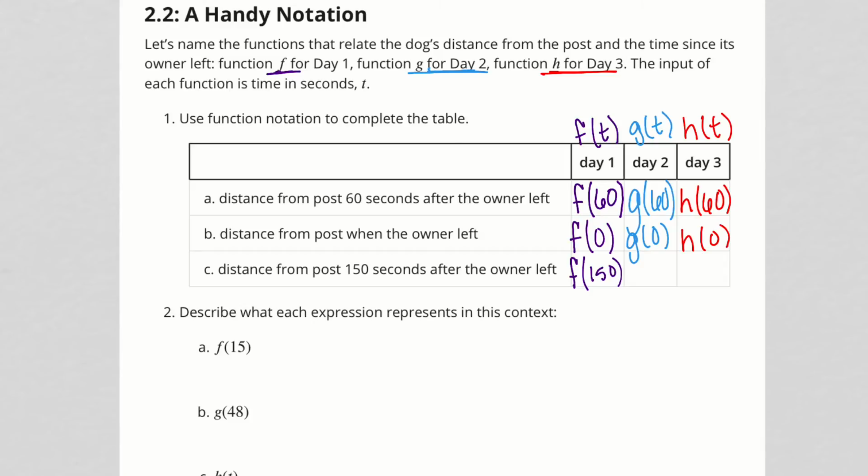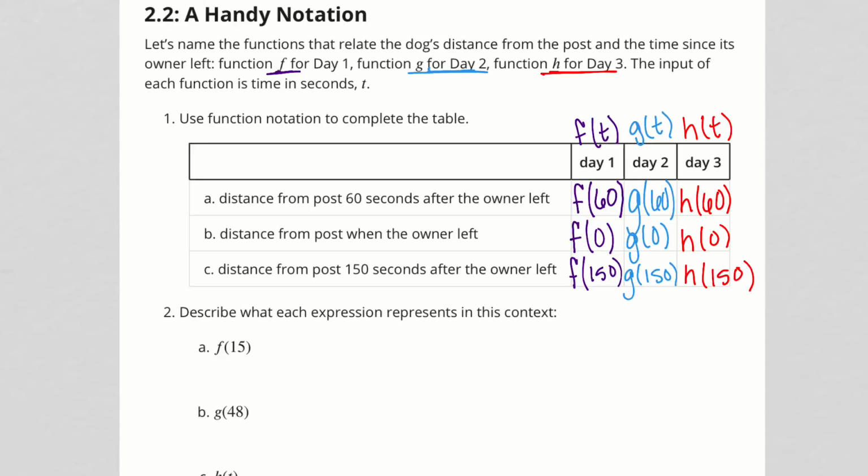So what is going to be day 2 for C? G of 150. And what about day 3? H of 150. All right, describe what each expression represents in this context.